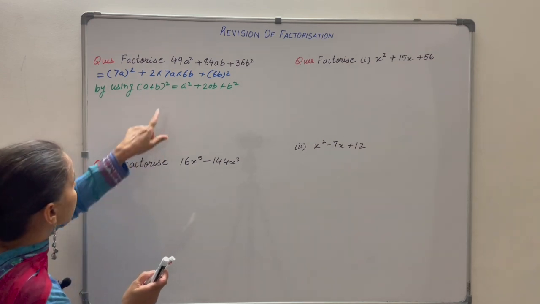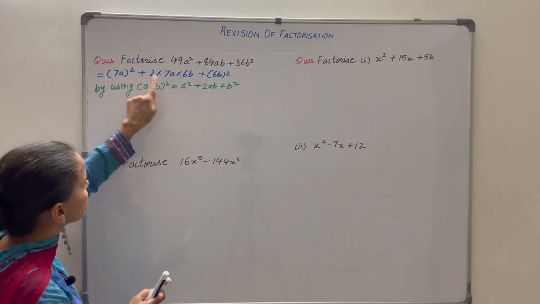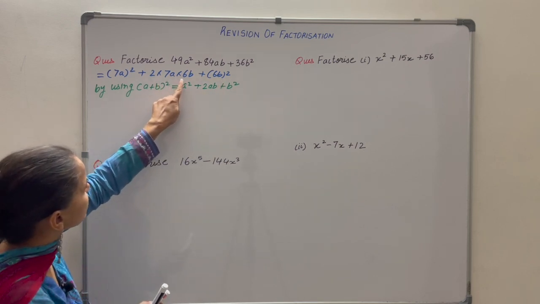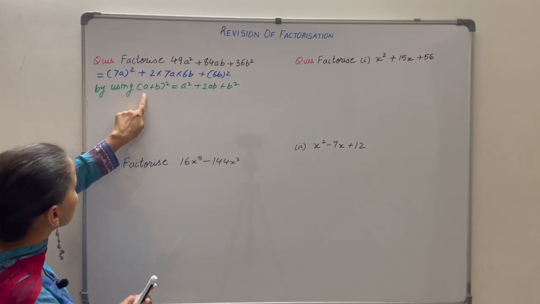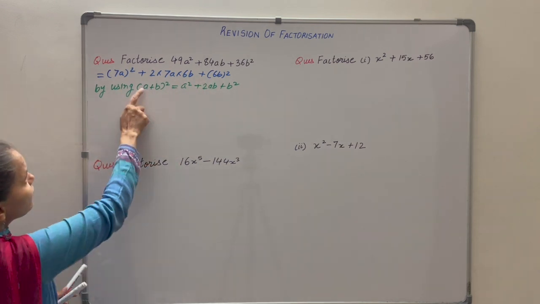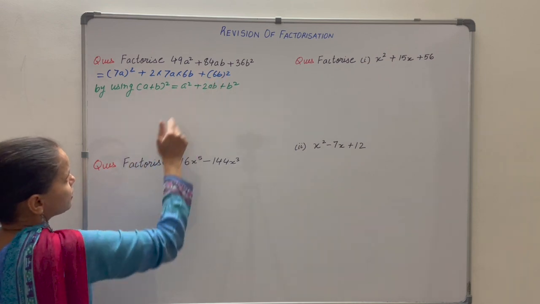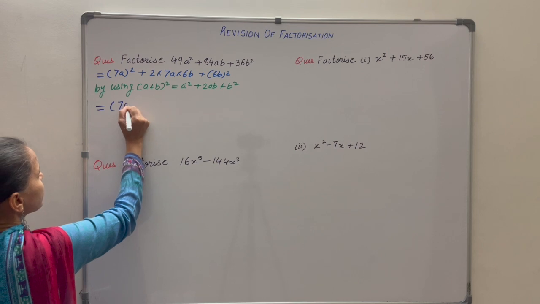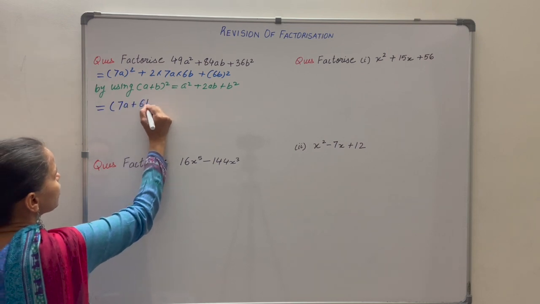Here your a is 7a, b is 6b, and twice of ab is twice of 7a into 6b. So I can rewrite this as 7a plus 6b whole square.